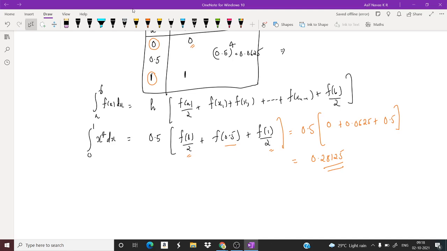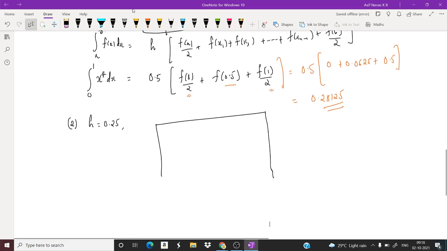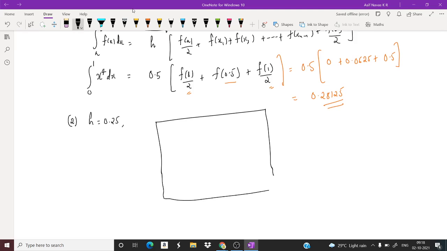Now the second question is h equal to 0.25. Now you write down the table. What is the value? H is equal to 0.25 and f(x) equal to x raised to 4, and we have to integrate from 0 to 1 of x raised to 4 dx.